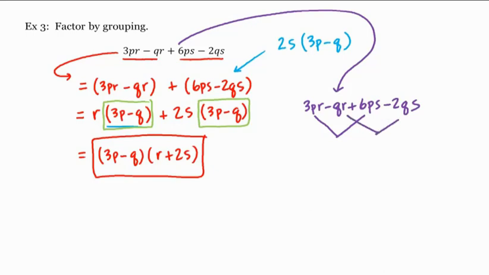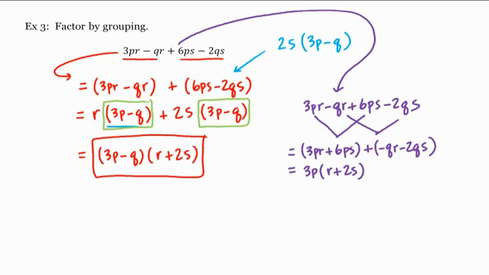In other words, let's write this as 3pr plus 6ps plus negative qr minus 2qs. Now the greatest common factor in the first two terms is 3p, so let's pull that out. And we're left with r plus 2s.